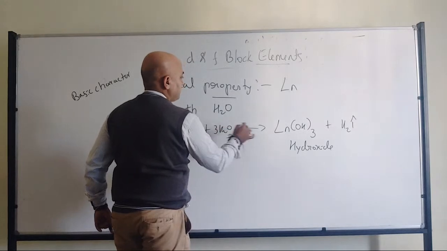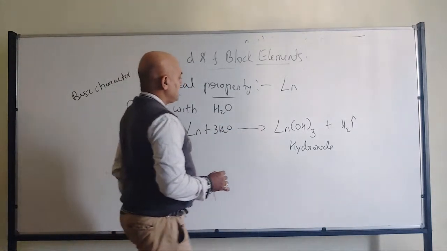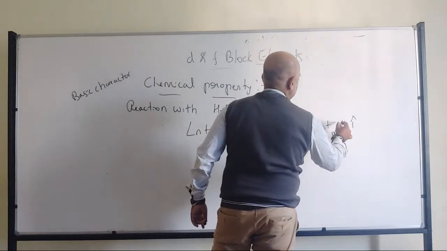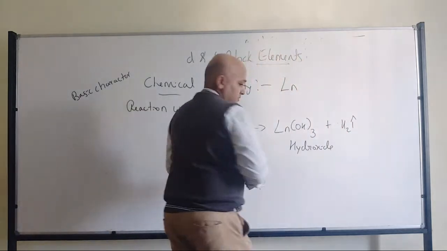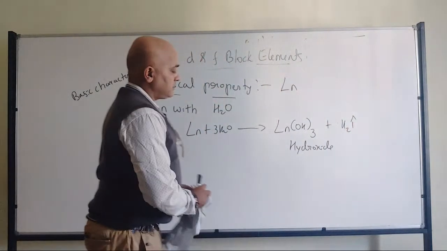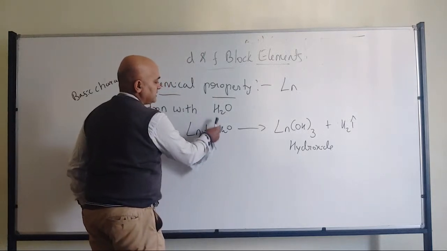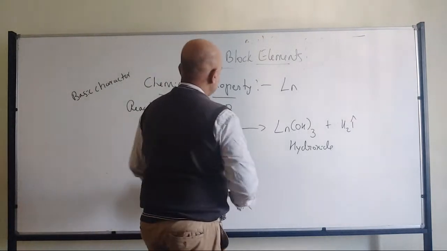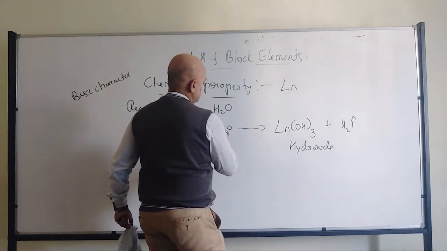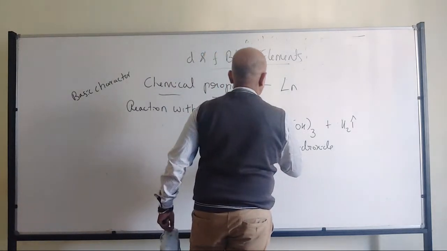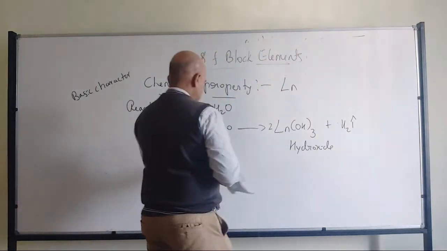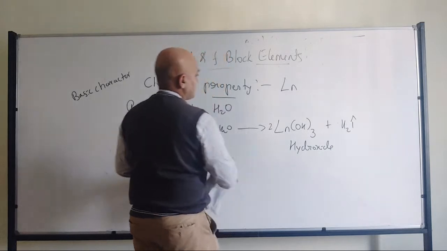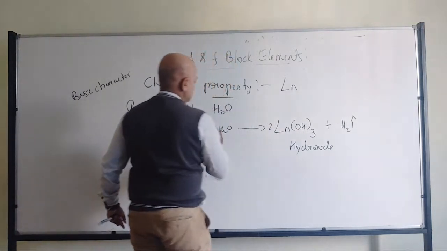So here 3 I will make it because oxygen 3 is there. So here also I should make it as 3. No, it will not become 3 here. I should increase. If I take it as 6, then I can make it as 2 here. Even 6 is not possible because here only hydrogen will become 6.